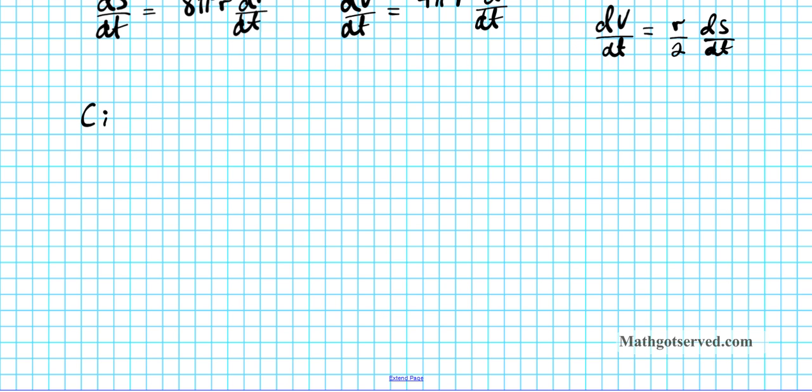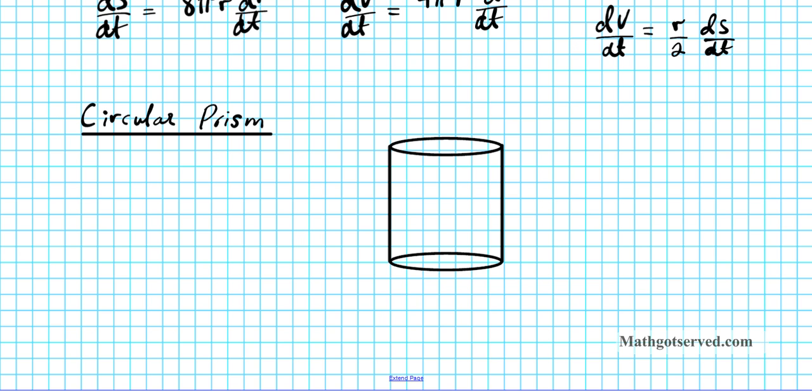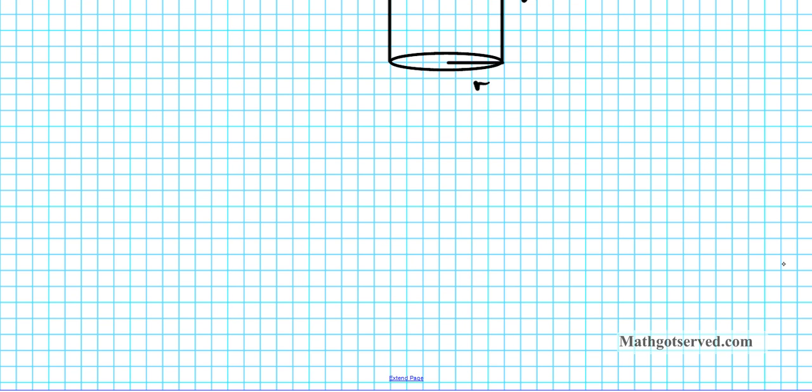All right, so for a circular prism situation, I'm going to be looking at the surface area and the volume and also how they're connected. So for the circular prism, let's go ahead and sketch it. All right, so there goes the circular prism. So let's say it has radius of r and height of h.